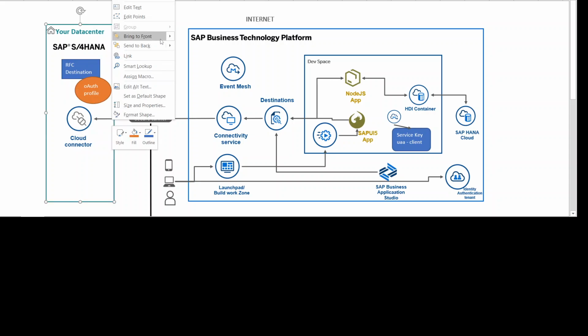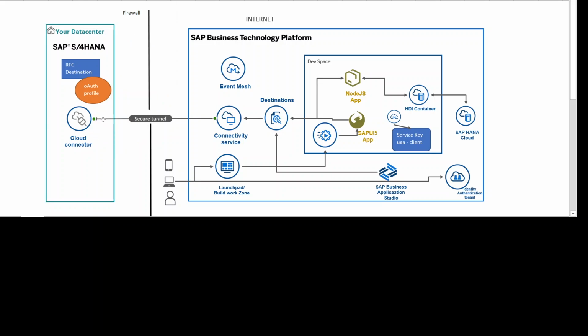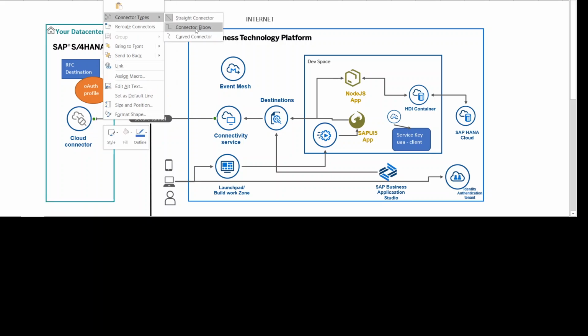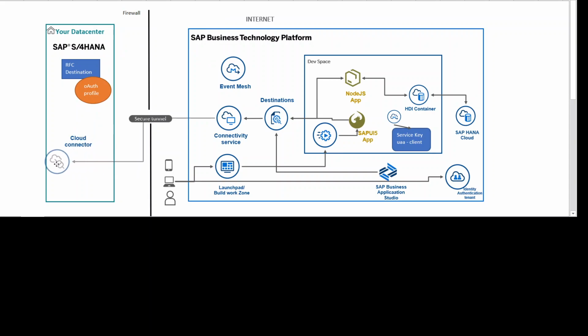Let's change the connector type if possible. Okay, let's make this and then move it across. Making some room. So now I have my RFC destination and I have an OAuth profile.